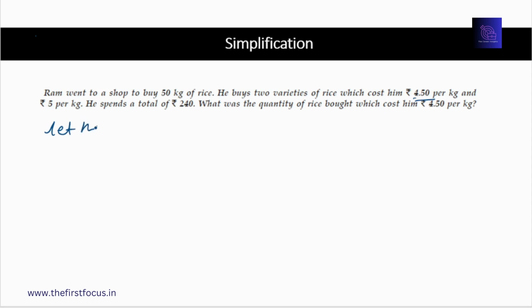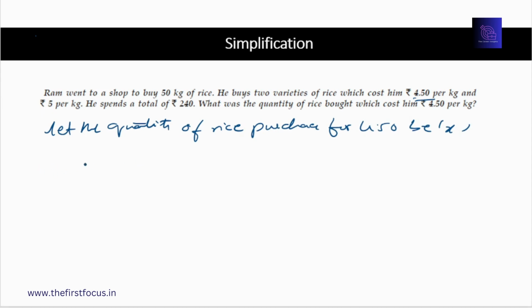Let the quantity of rice purchased for 4 rupees 50 paise be x. So let's consider the quantity of rice purchased be x for 4 rupees 50 paise.